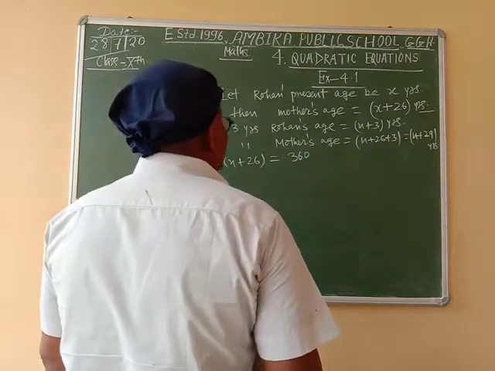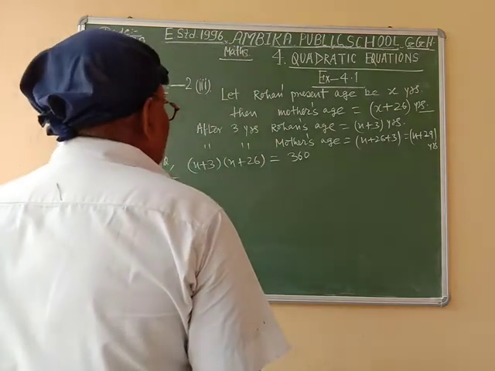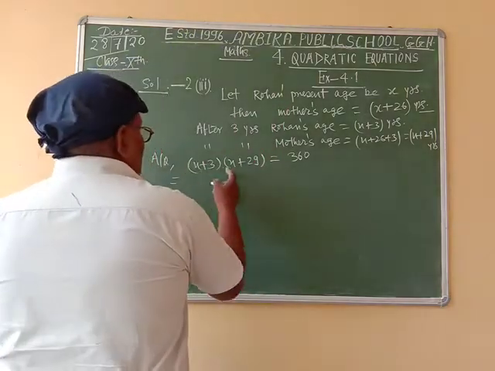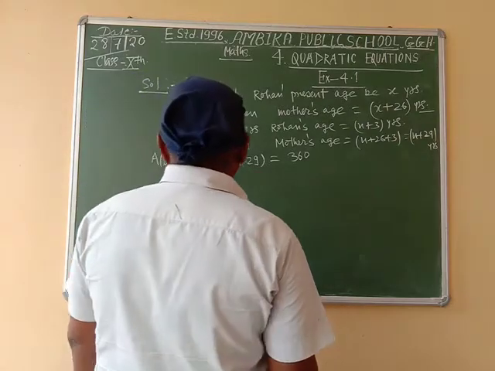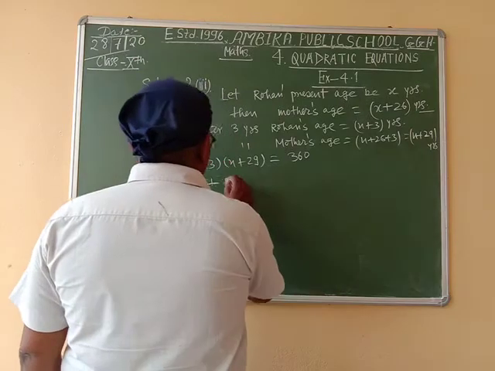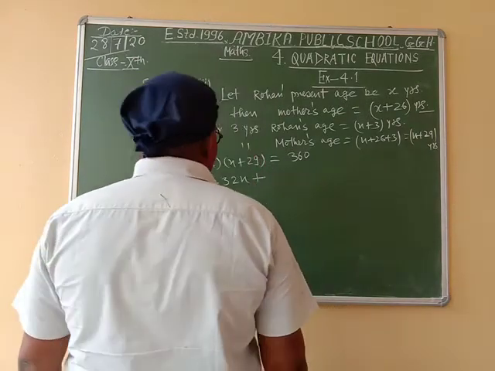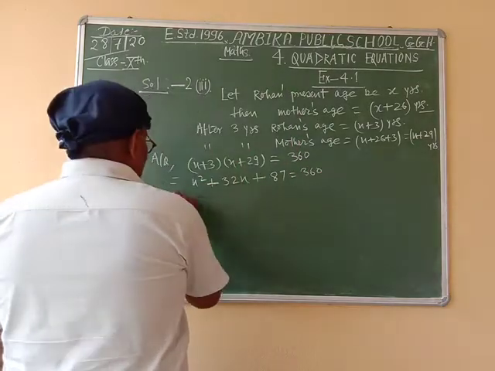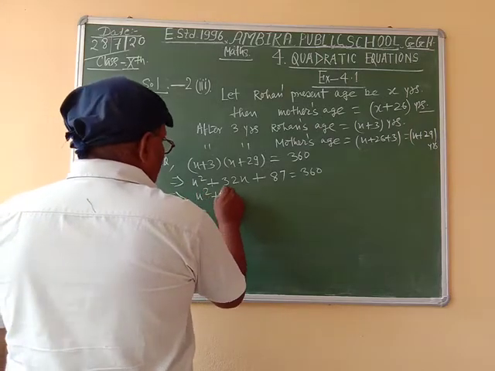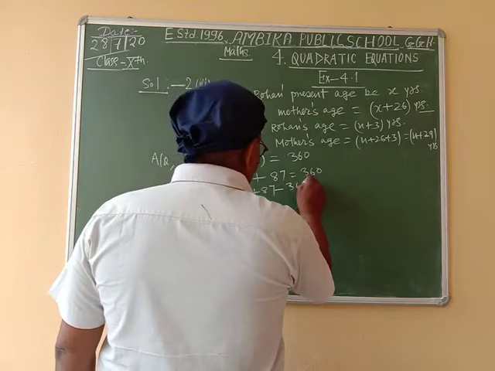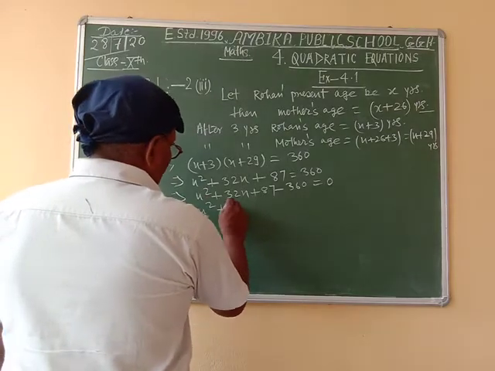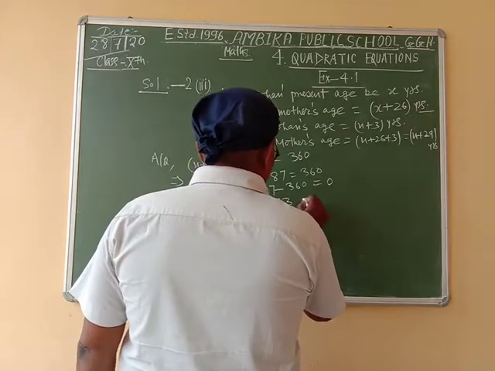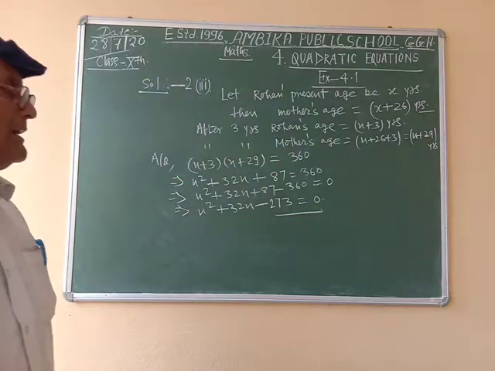Multiplying, we have x square plus 29x plus 3x plus 87 is equal to 360. x square plus 32x plus 87 minus 360 is equal to 0. x square plus 32x minus 273 is equal to 0.